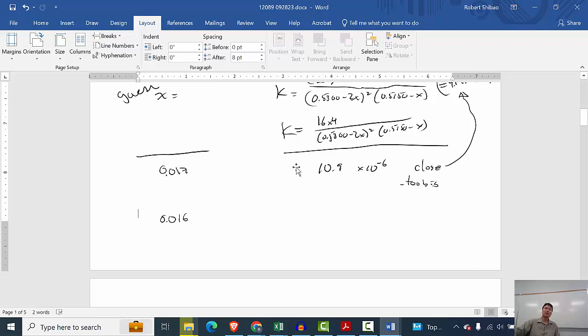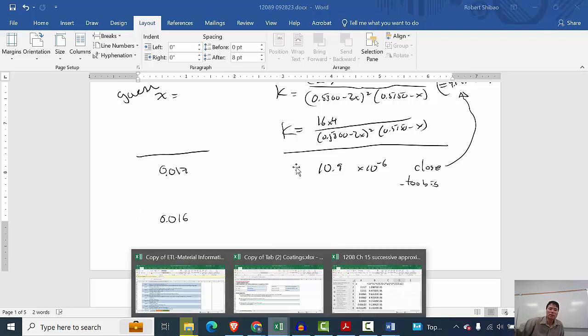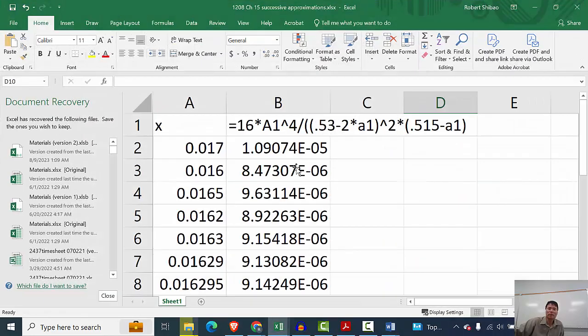When you have repetitive calculations like this, let's say this came up in the homework, what I would do is I'd just use Excel to figure it out. I would go ahead and type in the formula in Excel.